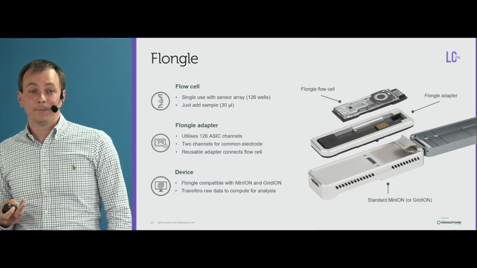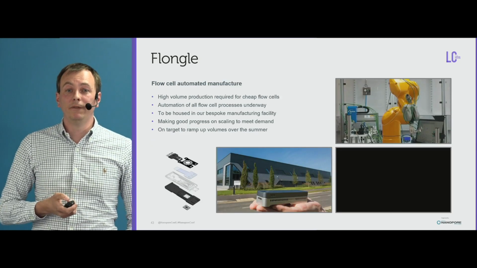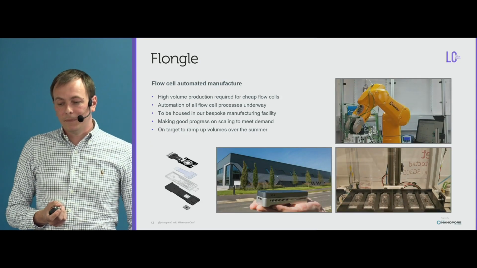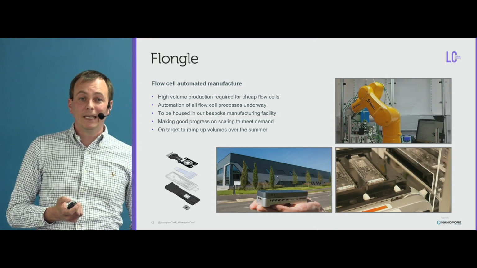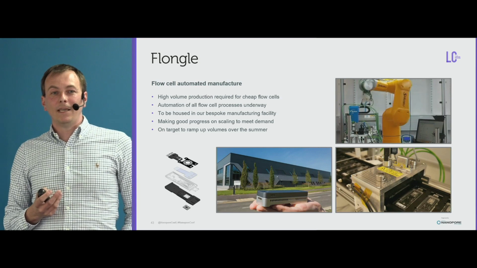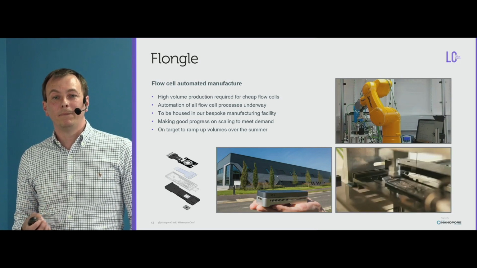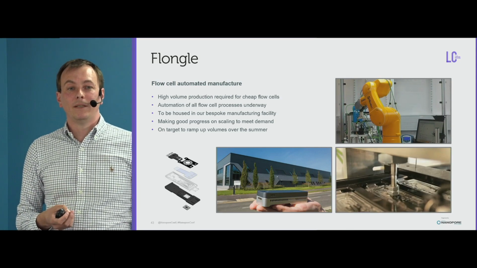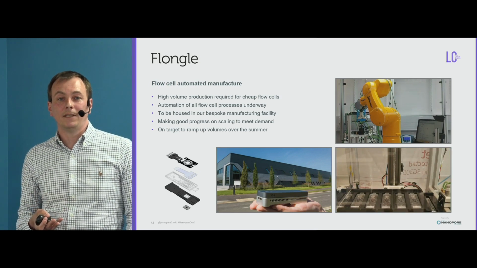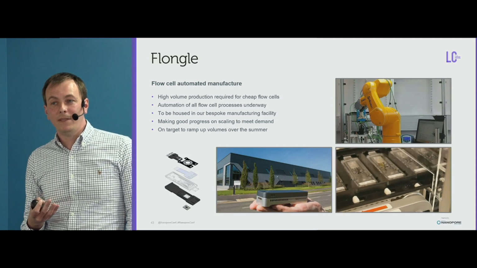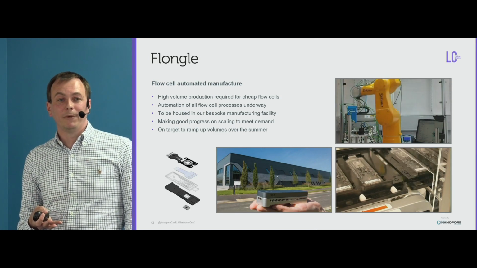So there's been a lot of demand for Flongle, and although MinION and PromethION flow cells scale reasonably gracefully, Flongle is really about a high volume product, which means that we need high volume production. So the production of all our flow cells is done at our own factory. That's about 30 minutes down the road from where I'm talking.